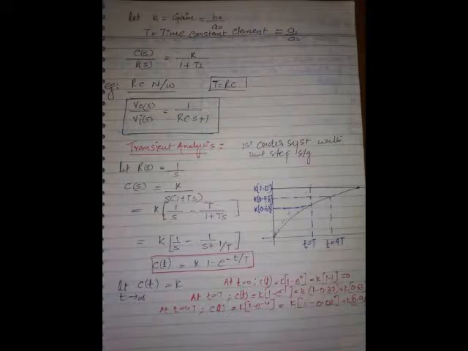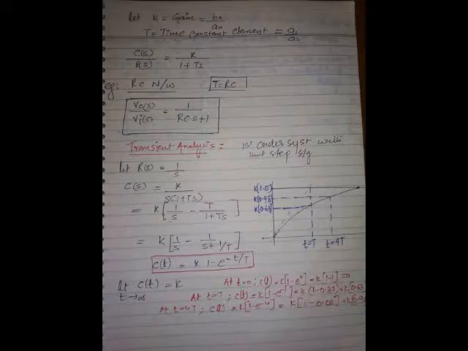It means the response is slow. So when is it reaching almost 100% of the final value? When t is 4T. x naught of t is equal to K into (1 minus e power minus 4). e power minus 4 value is 0.02.